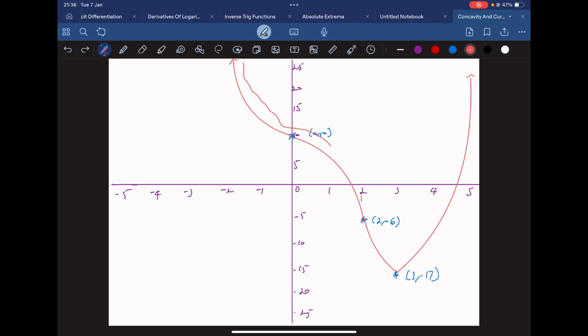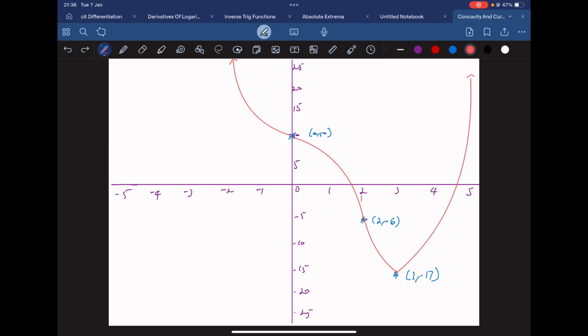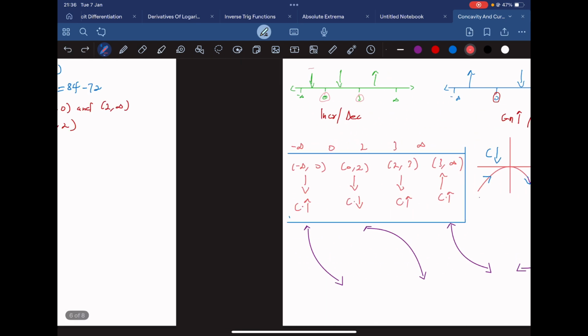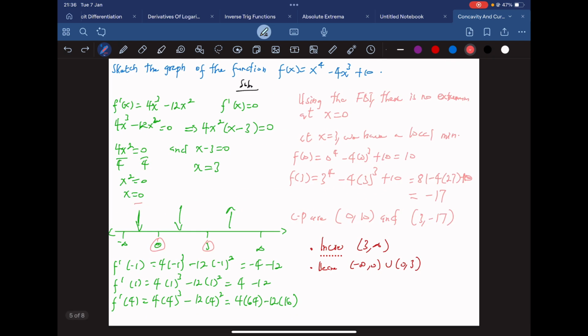Here is 0, it goes down like this. And at 2, it also changes right over here. You see it's bent like that. So there is an inflection point indeed. And also, which information do we need? Again, I think that is all.